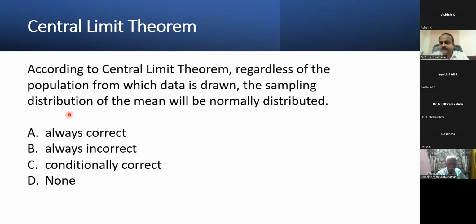Then the other characteristic is the standard error of the mean. Just now I taught you how to calculate X double bar and how to calculate standard error of the mean. All of you understand? Yes, sir.